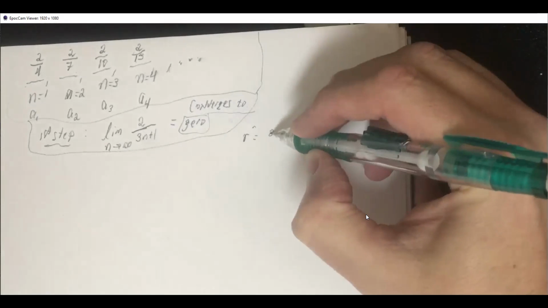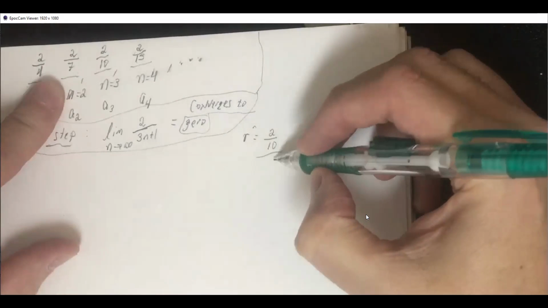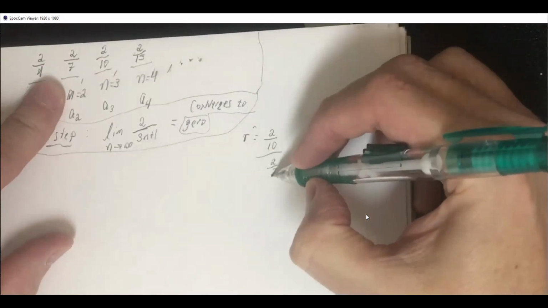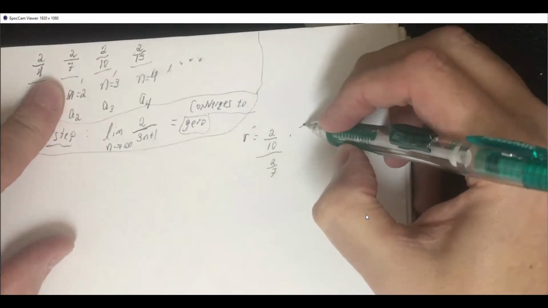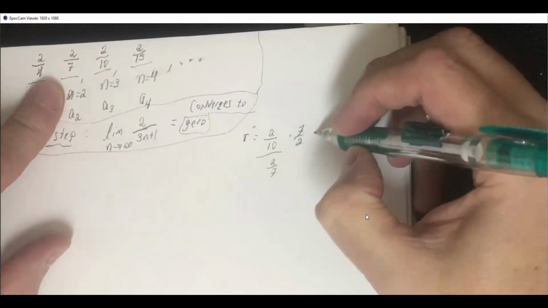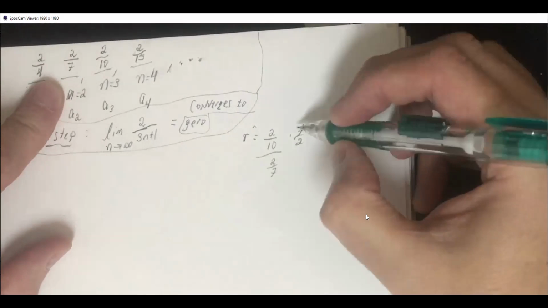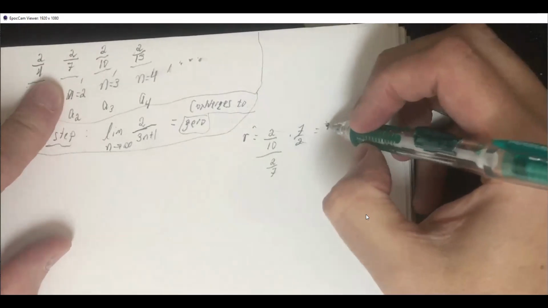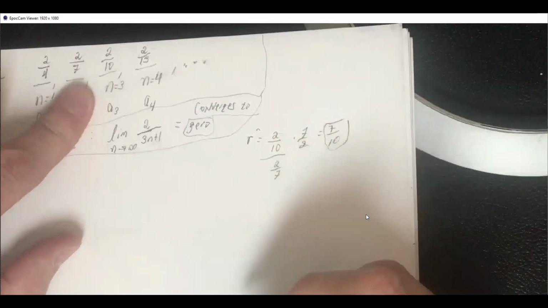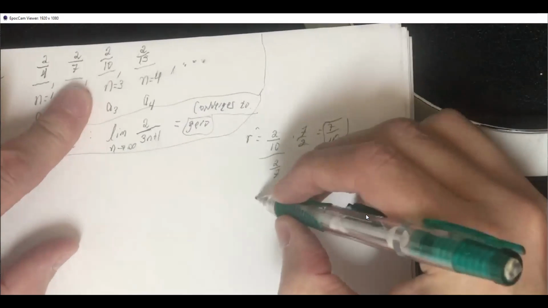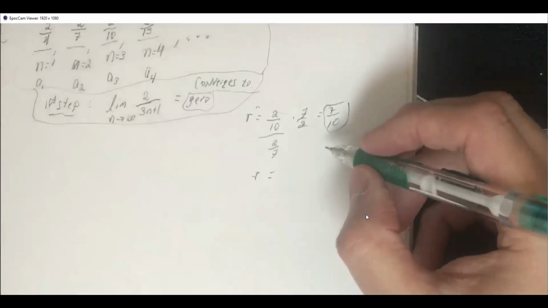If you took 2 divided by 10, I just picked one of these, divided by the one right in front of it, then changed the division to multiplication, that would be 14 over 20, which reduces to 7 over 10. So that's one ratio of 2 consecutive terms. If we picked another 2 and got 7 over 10, then it's geometric.